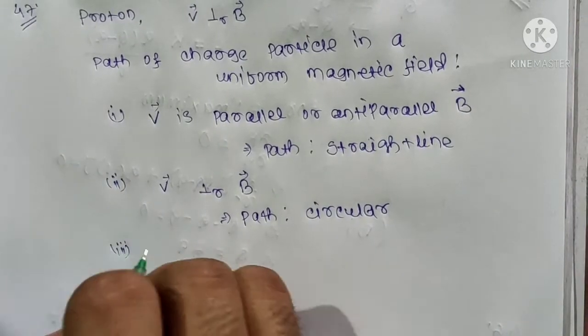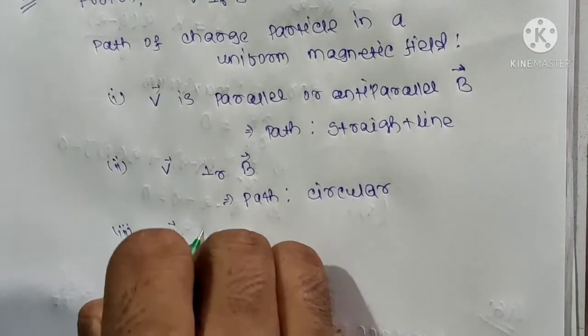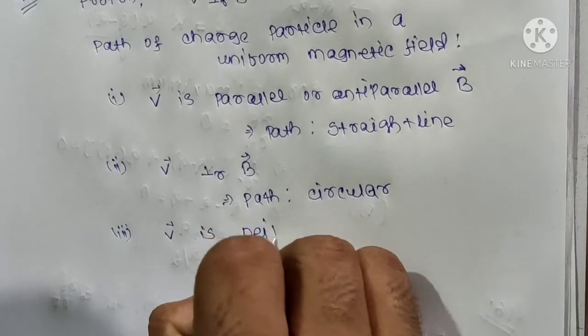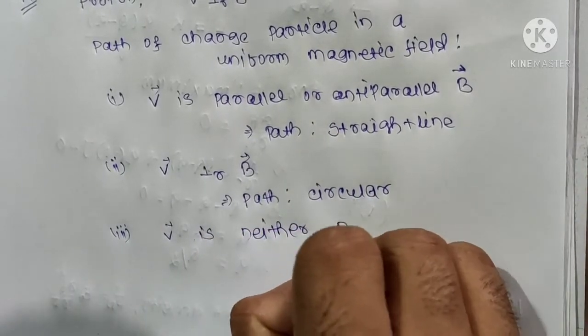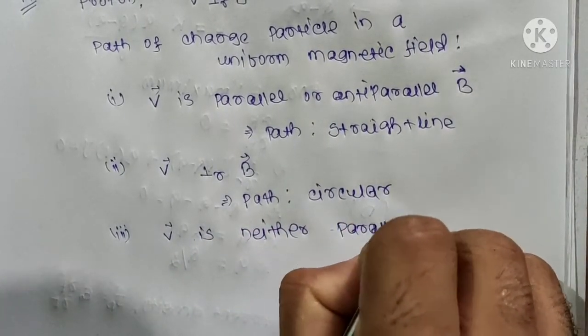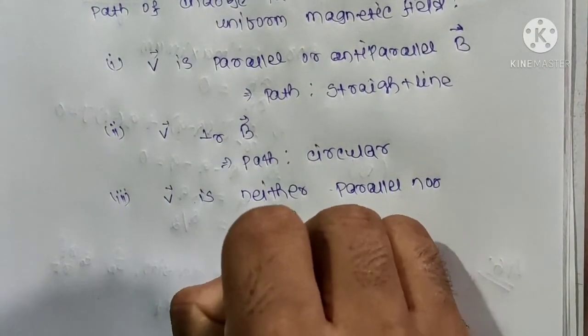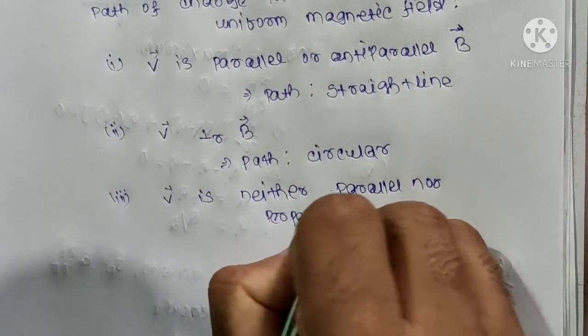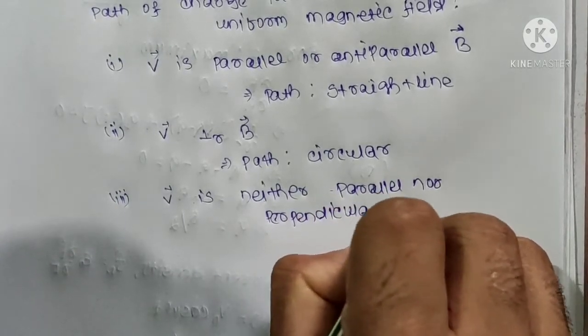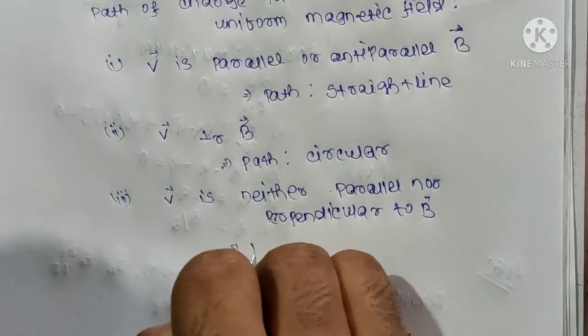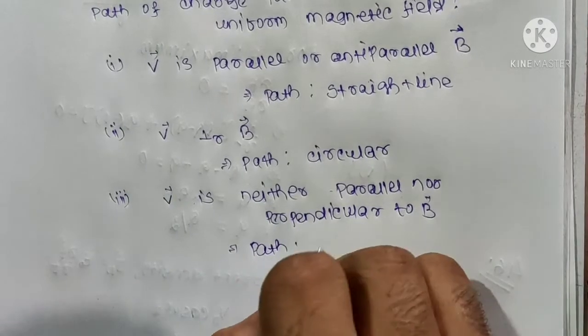And the third one, if velocity is neither parallel nor perpendicular to the magnetic field, then the charged particle will follow a helical path.